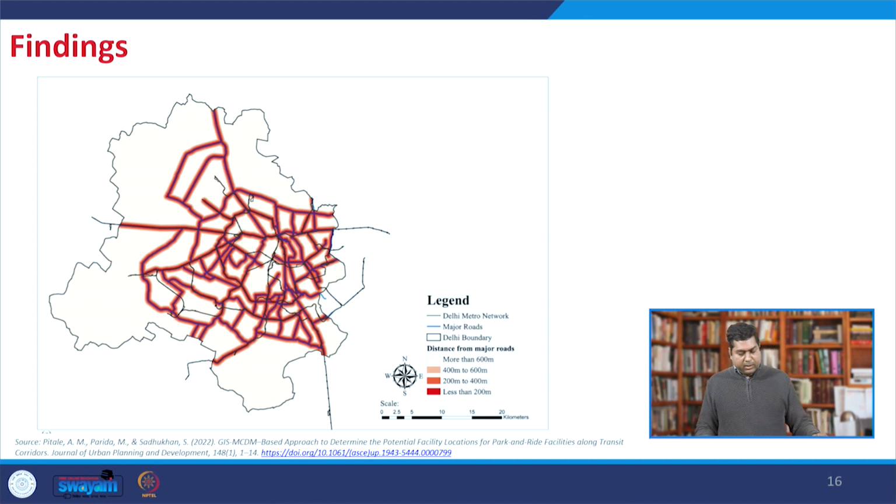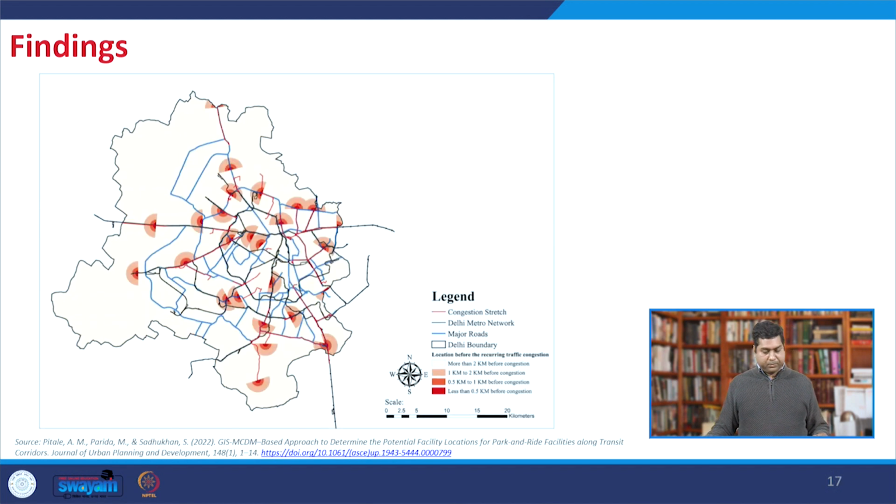Now, this is about the distance from major road. Here also we have used a certain buffer. All the major roads were used as the network, and then we used buffer analysis in GIS with ArcGIS to make the thematic maps, where less than 200 meters is very dense just along the blue line, and subsequently there are areas with less connectivity.